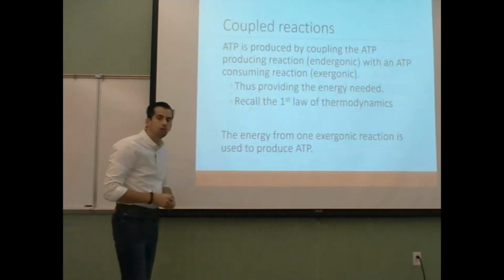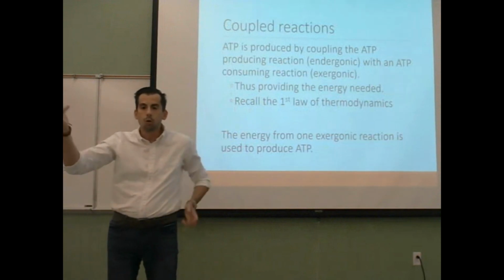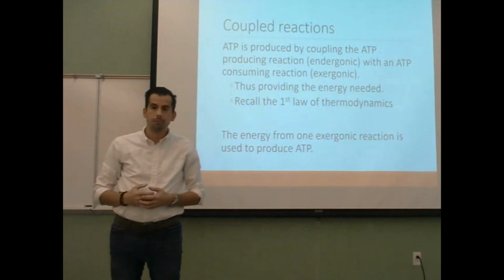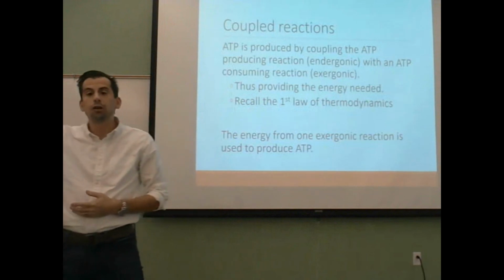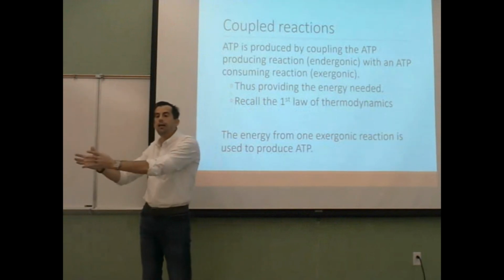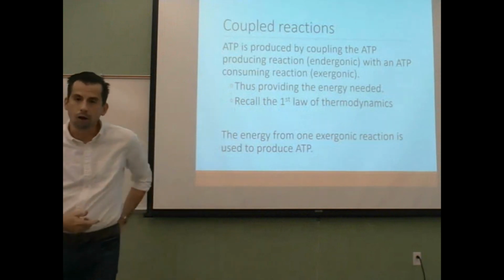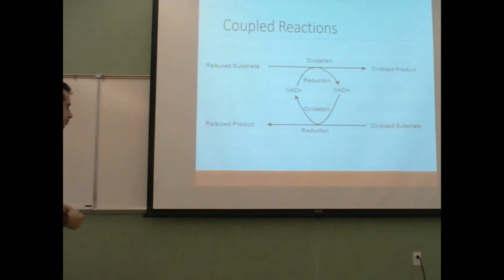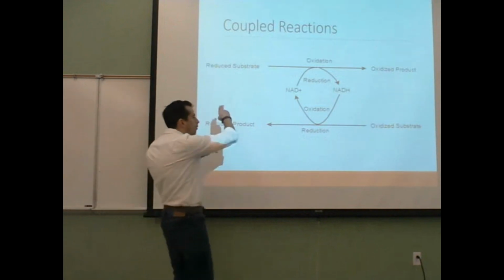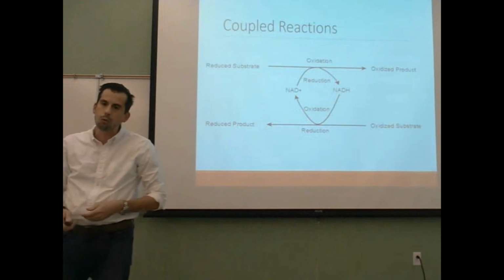So we pair these reactions up in a coupled manner. One energy producing, one energy consuming, and it's the energy releasing reaction that's going to provide the energy input for the reaction that needs to consume it to reach the product level. So energetically, we'll always have these two reactions going in different directions, one supplying the energy for the other.